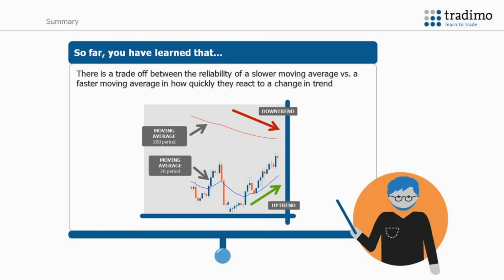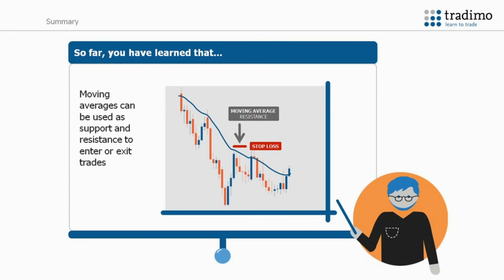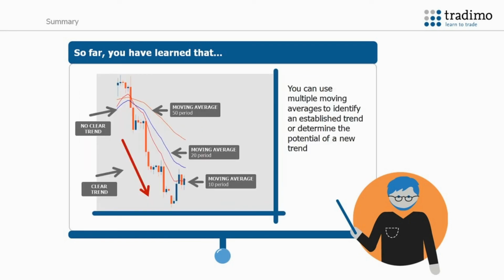There is a trade-off between the reliability of a slower moving average versus a faster moving average in how quickly they react to a change in trend. Moving averages can also be used as support and resistance to enter or exit trades. You can use multiple moving averages to identify a trend already underway, or determine a potential new trend by watching for a moving average crossover using different period settings.